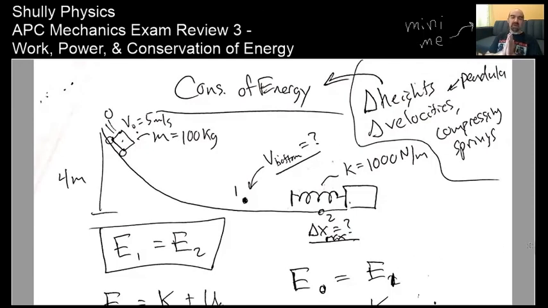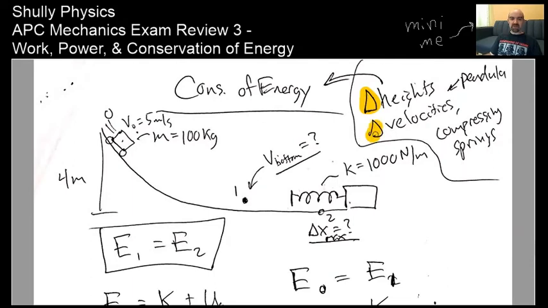Sometimes you'll just get this random question and you'll be like, oh, what do I do with this? So what are some indicators that you should turn to conservation of energy to solve it? If there are any changing heights, like a pendulum or a roller coaster, start thinking about conservation of energy. Can I apply conservation of energy here?